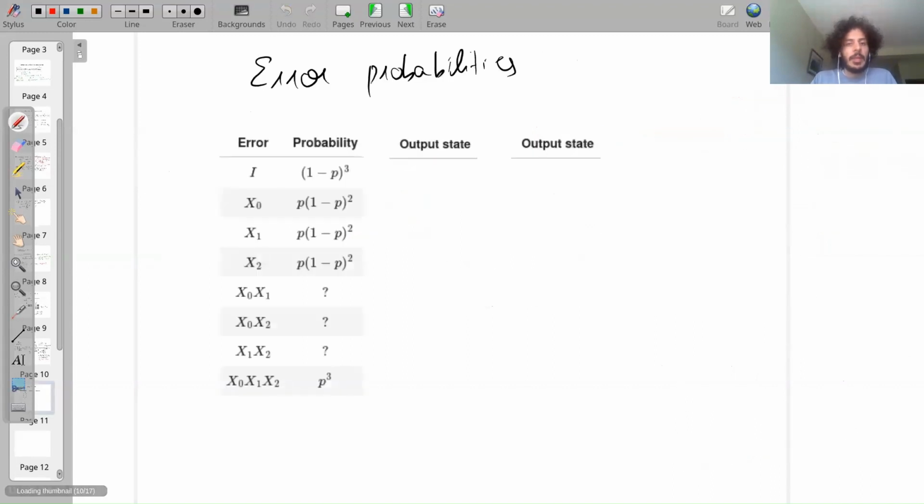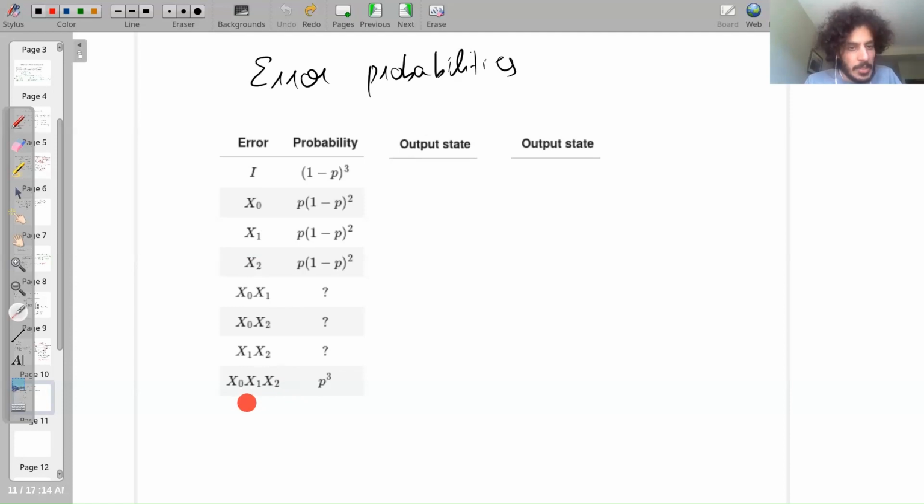Let me do one thing and then we'll come back to Mohammed Raza's question. In the same way as we did in the classical case, we should think about the probabilities as well. If we are only talking about X errors, then these are the different possibilities: either no error, or a single qubit error, or a 2-qubit error, or a 3-qubit error.